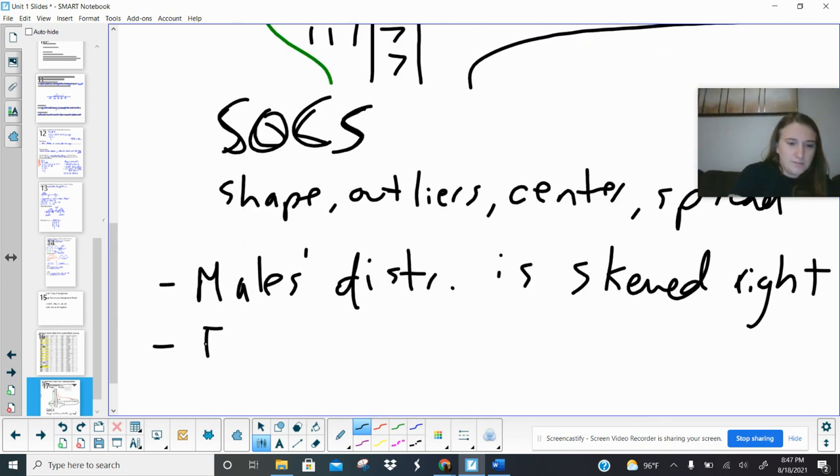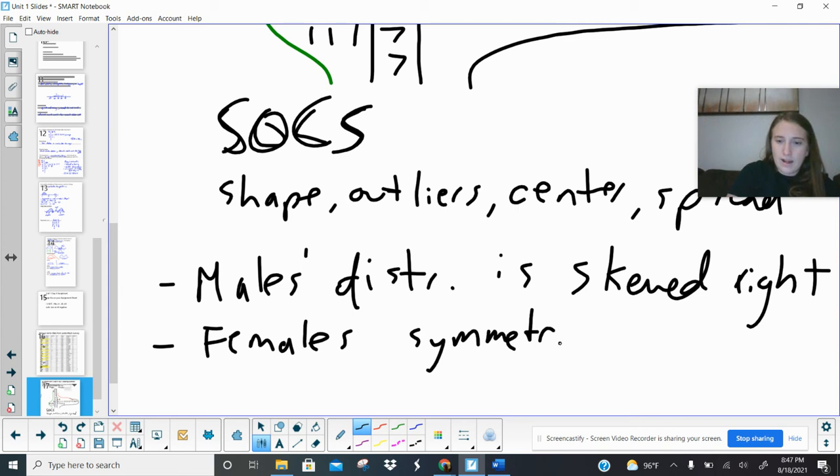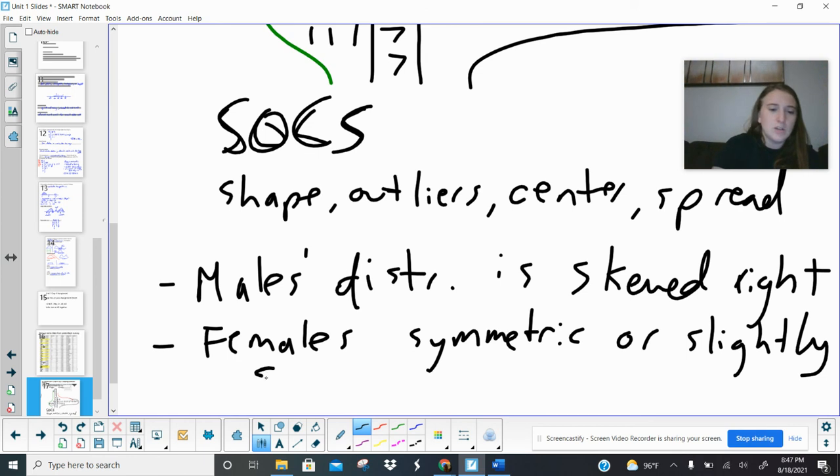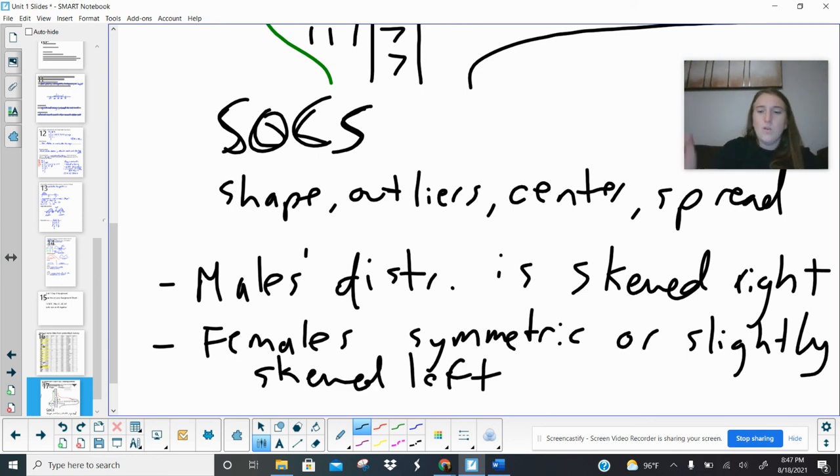So females, symmetric, I would accept. Again, right now we're just getting used to using these terms and we're just kind of looking at it ourselves. Or slightly skewed left. We could say that. So this is our shape.